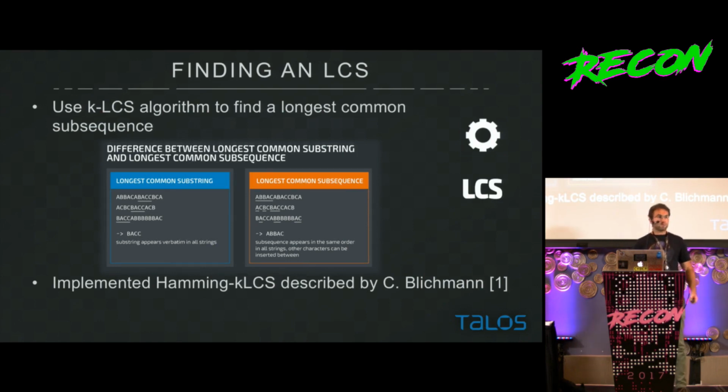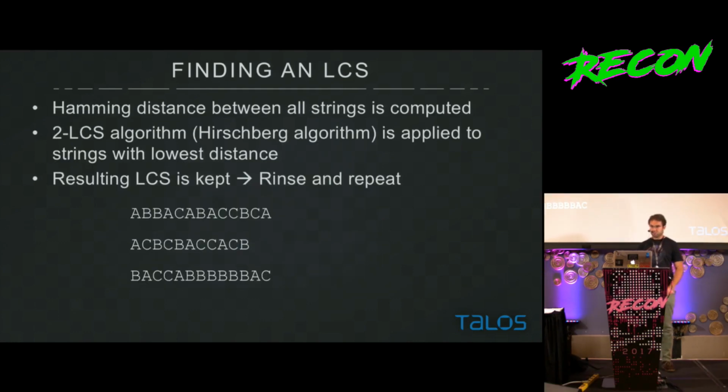Okay, and to get this longest common subsequence, we used the Hamming KLCS algorithm as described by Christian Blichmann in his thesis. This algorithm works as follows. We compute the Hamming distance between all the strings that we currently have. And then we apply the normal LCS algorithm in a dynamic programming version, because the naive algorithm is very resource intensive.